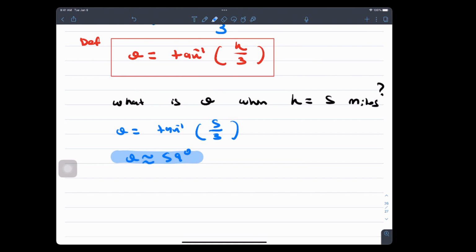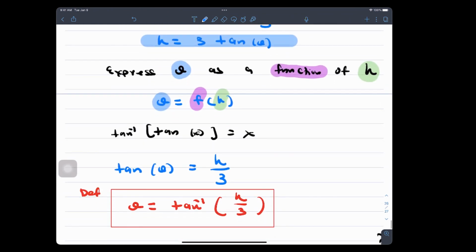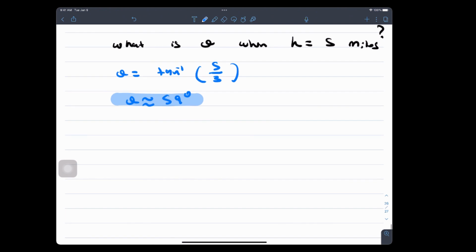What do you think? So they're going back to here, and they say, what happens when this thing is 5? If this is 5, angle of elevation is 59 degrees, 5 miles. I wonder if we can find out the angle of elevation when the height of the rocket is 10 miles.